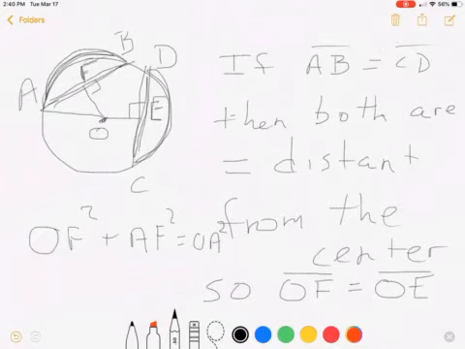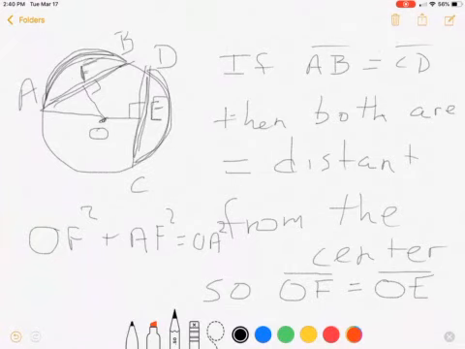All right, on to number 16 and 17. Here we're given the radius is 14. So AD is 14. CD is 22. Since we have a right angle there, CD is cut in half.